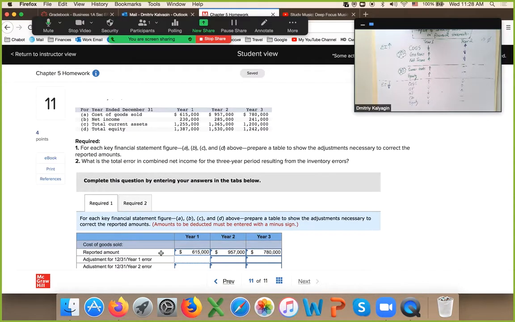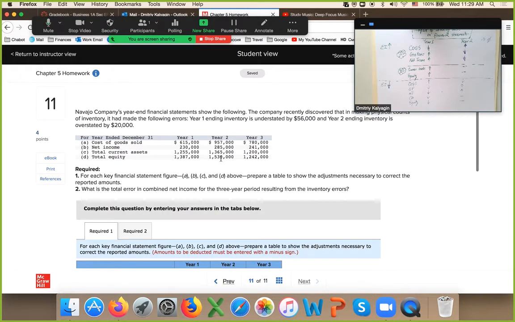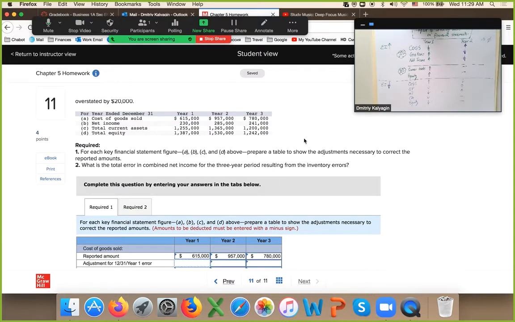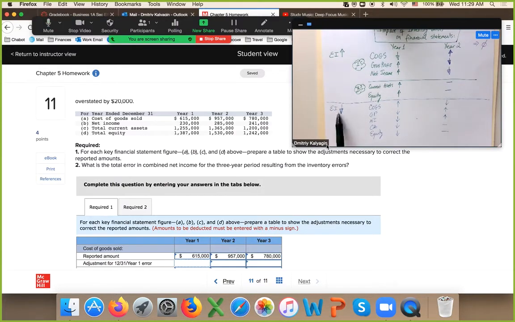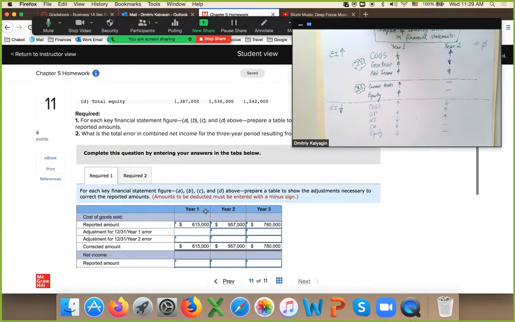And then adjustment for year 1 mistake. So year 1 mistake, we understated inventory by 96,000. So when you understate inventory by 96,000, your cost of goods sold then was too high. So this amount, 615, was too high, and we have to subtract this mistake.